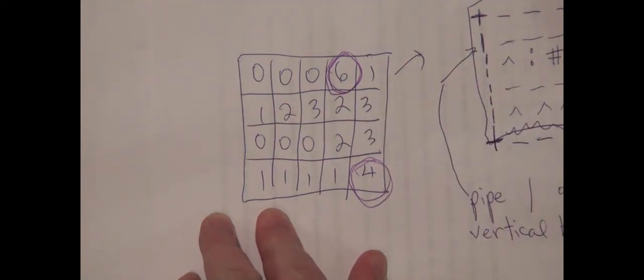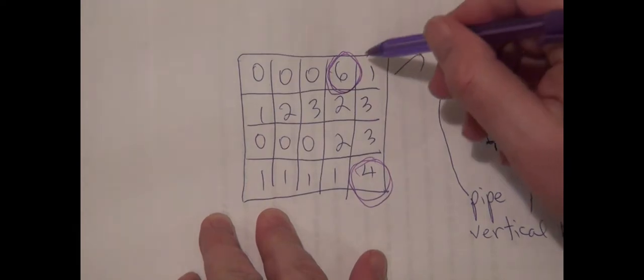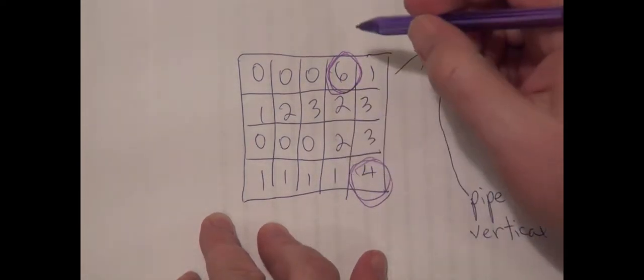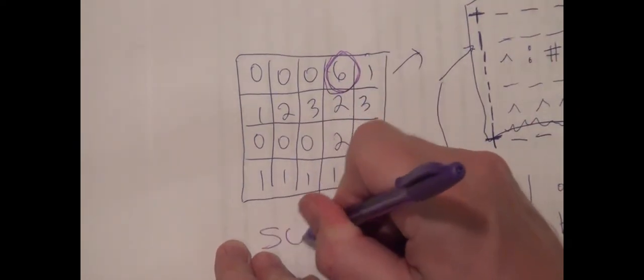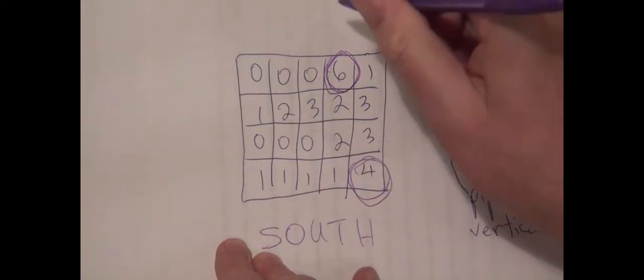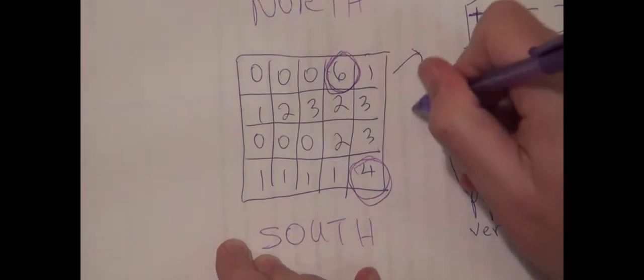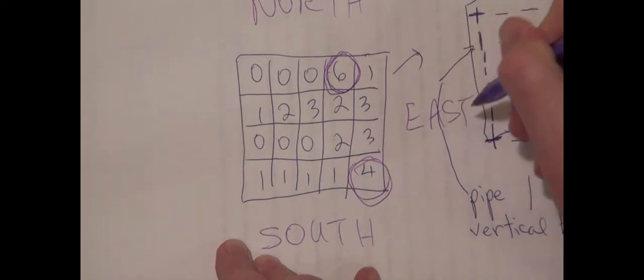In this case, if we look at it, well, we can see that the monster mostly needs to go down in the array, and I'm going to refer to that as south. Go down towards the south. We'll call the top of the array the north end of it. And of course the sides are east and west.